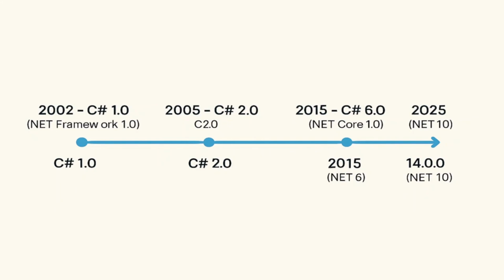In 2015 they came up with .NET Core, and that was one of the major releases which put a solid foundation for the platform independence. What I'm hearing is that in November 2025 this year, C Sharp 14 is coming out with .NET 10. So that's the whole evolution, I mean how C Sharp evolved, started in 2002 till now.